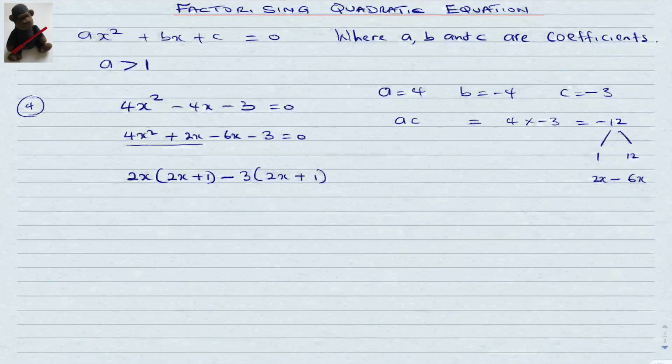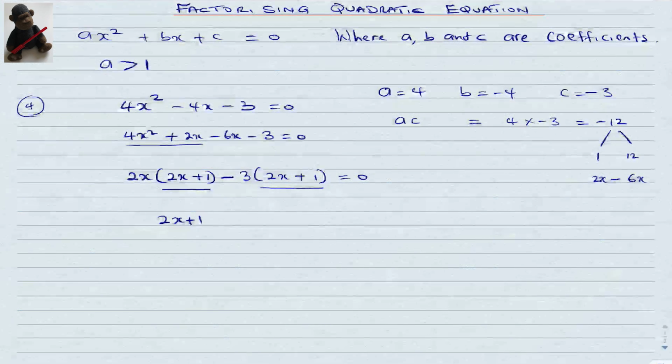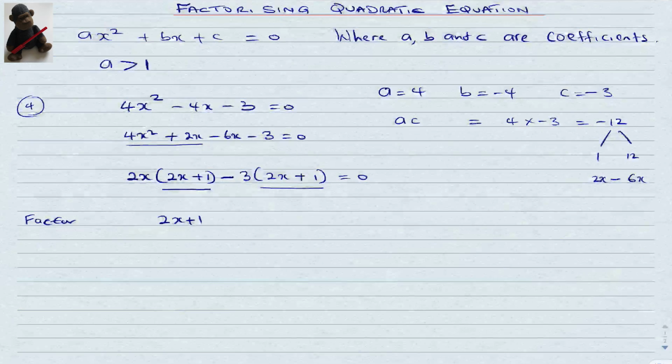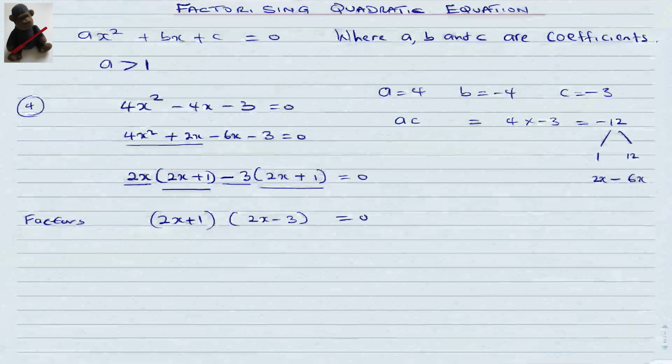So that's correct, and all equal to 0. Now there's a common factor here, which is 2x plus 1. That's the first factor. Those are the factors now. And the next factor is 2x minus 3, all that equal to 0.